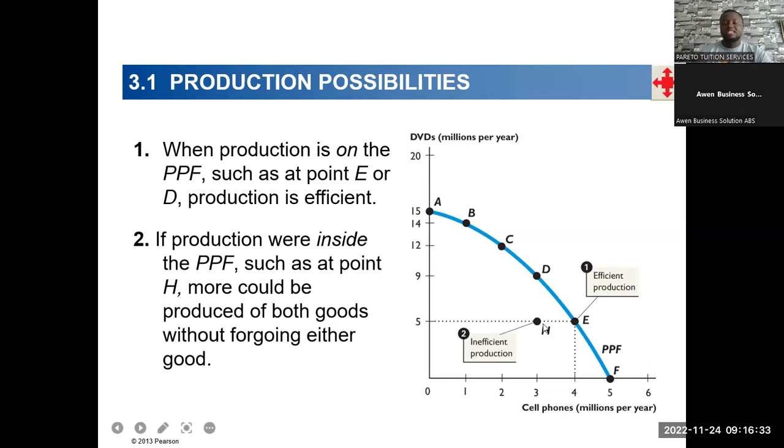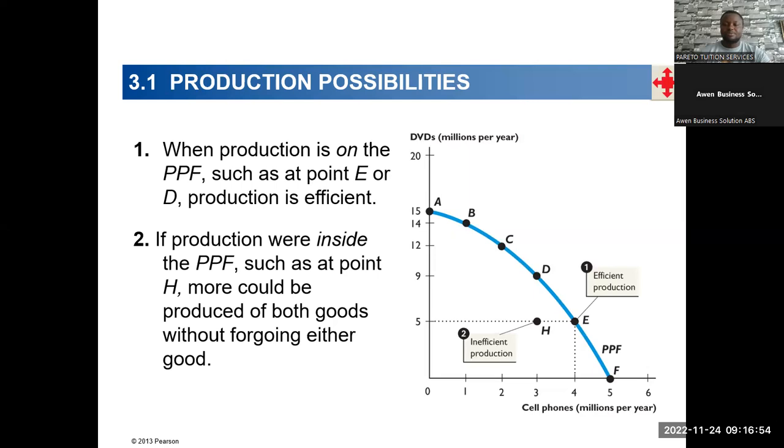So yes, point H is not an efficient point. Is that okay? So when you produce on the PPF, it's an efficient point. If you produce inside the PPF, it is an inefficient point of production.